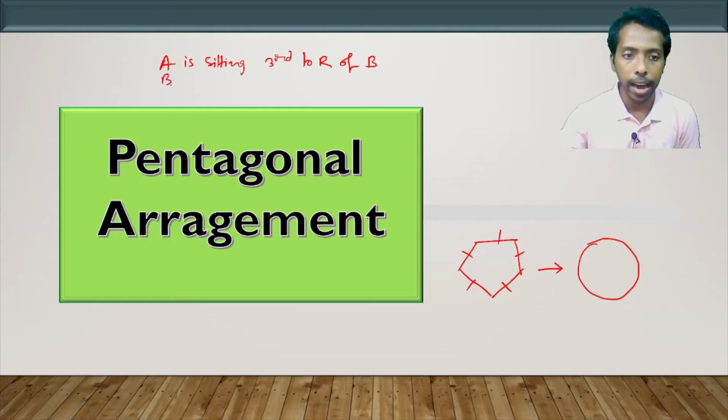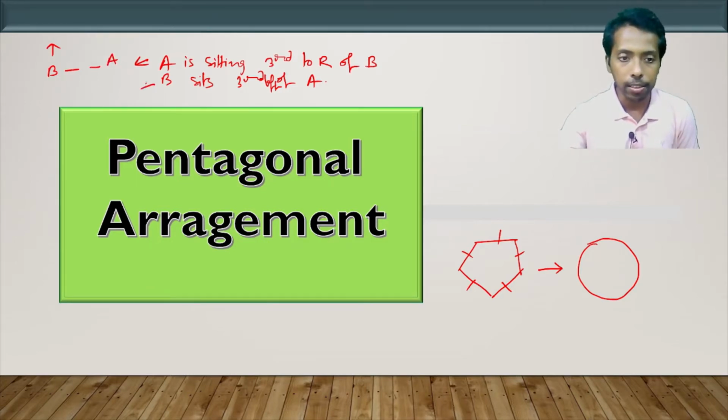Or in another way, it can say B sits third to the left of A. Suppose in the first case A is sitting third to the right of B. If all are facing north, B is here, 1, 2, and A is here. In the second case, again all facing north in a straight line arrangement, B sits third to the left of A. That means if we take A here, then A, 1, 2, and B is here.